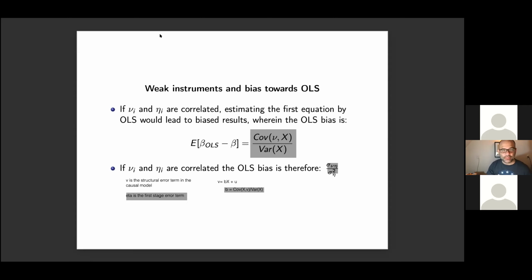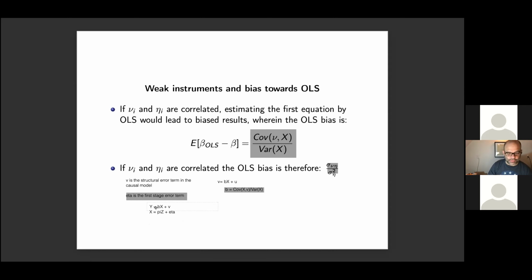So this is X. I'm just going to write some of this down. X equals pi Z plus eta. All right, so we get this eta term. And then we also have Y equals BX plus V.